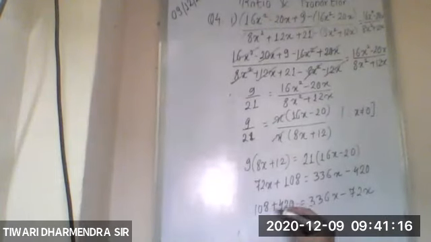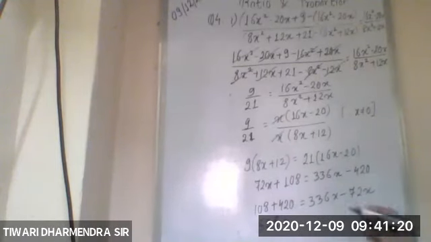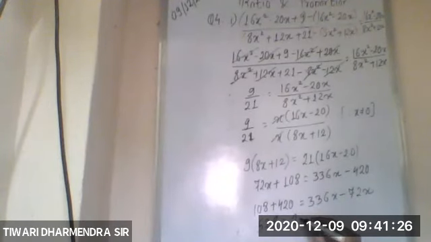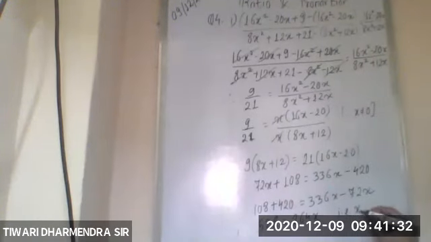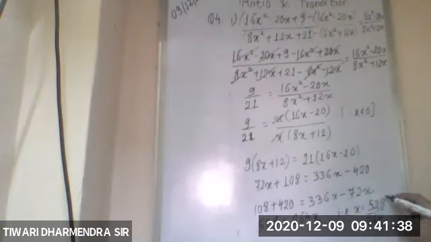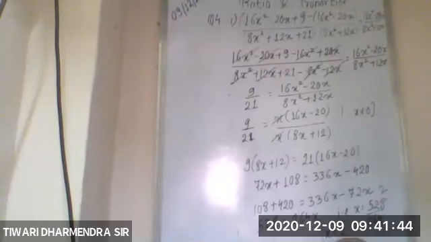So 528 is equal to 264x. So x is equal to 528 divided by 264. Ones are, twos are. So we conclude that the value of x is equal to 2.